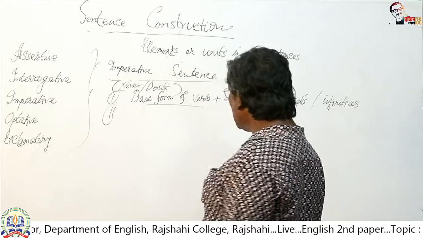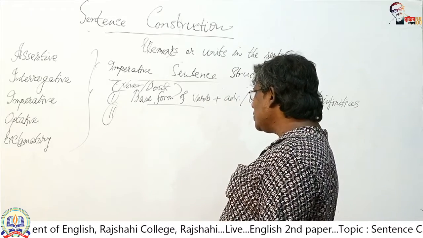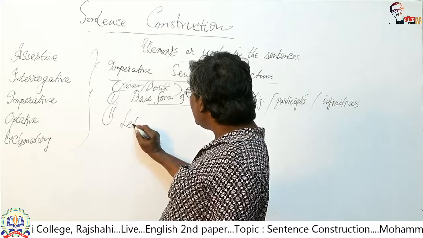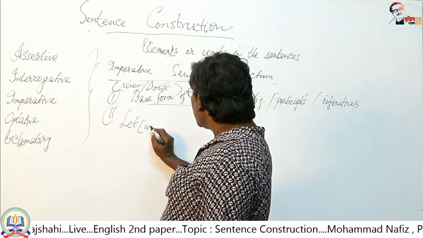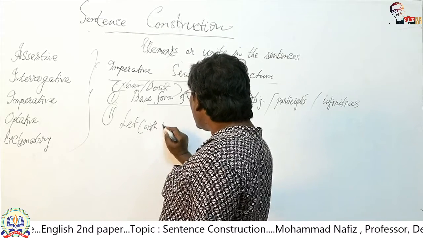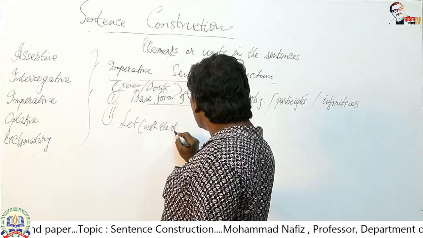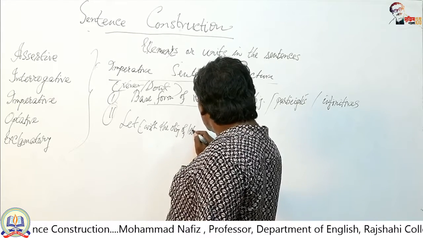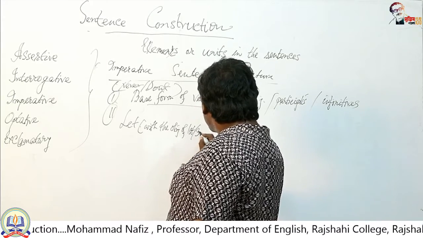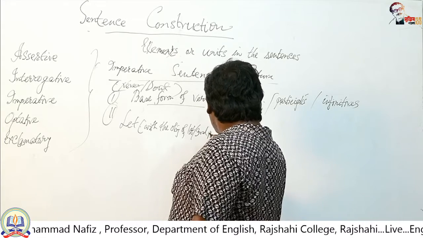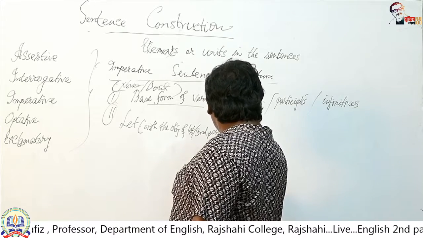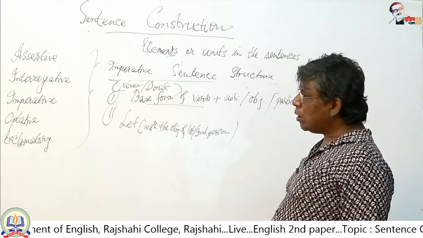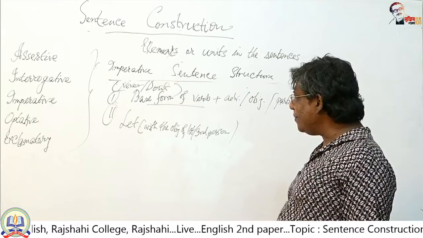Don't go there, or go there, never do this or do this, and sometimes let with the object of first or third persons: let us or let him, let them.